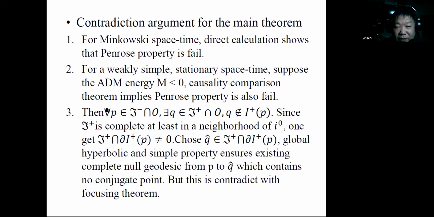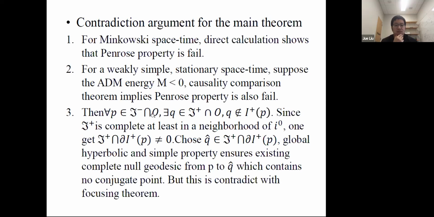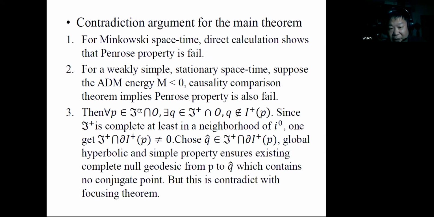Here it should be: there exists a P belonging to the past null infinity, in the neighborhood of spatial infinity, such that there is a Q belonging to the future null infinity, and Q does not belong to the I plus of P. This means that for the physical spacetime, you can always find some Q which cannot be connected to P by time-like curves. It does not belong to the I plus of P.